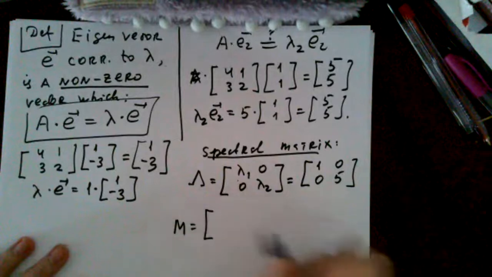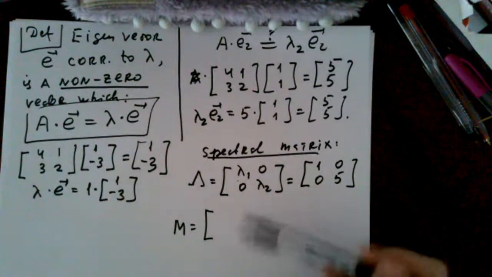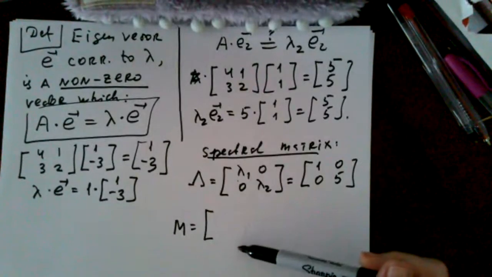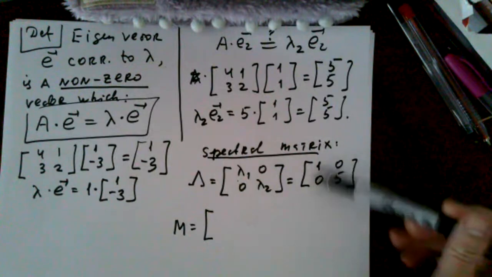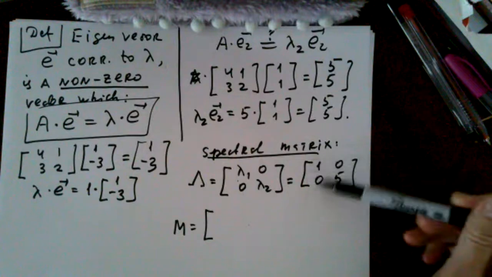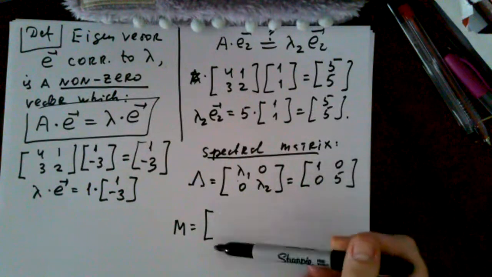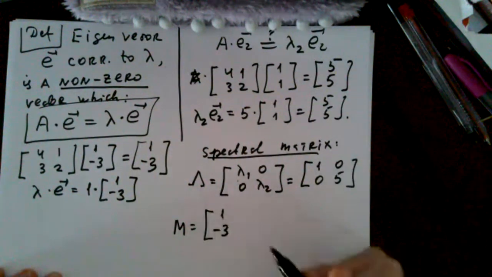What about model matrix? You probably still remember the definition that the columns of your model matrix should be eigenvectors, but they shouldn't be given in an arbitrary order. The order depends on which order you presented your lambdas here. So if this column corresponds to lambda equal to 1, this is the first column. So the first column here should be only vector E1, corresponding to the same value, not vice versa.